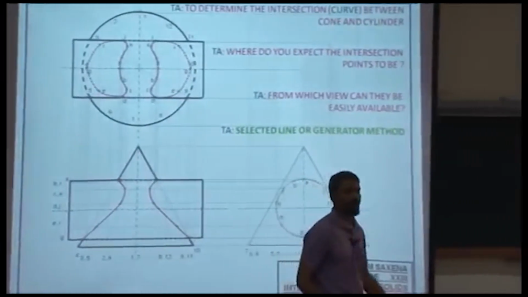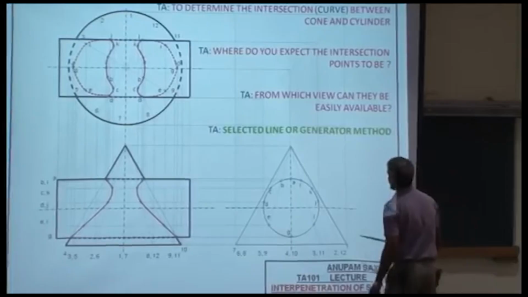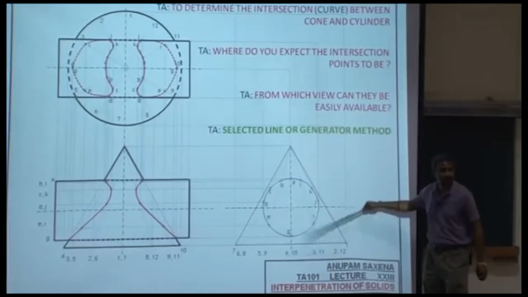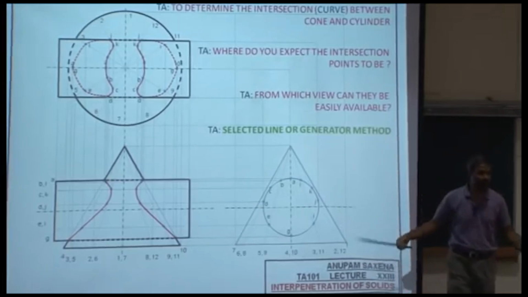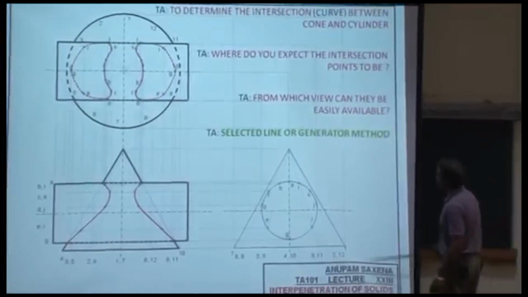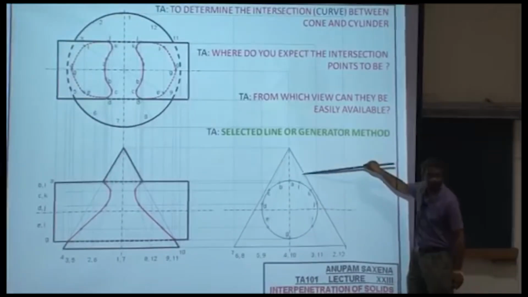So once you have figured that out, in this case, represent the surface of the cone using these generator lines. They are essentially the slant surface of the cone. The points of intersection would be between this circle in this example and these slant lines.